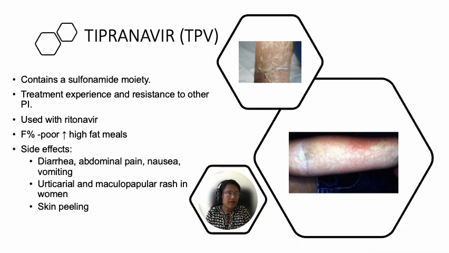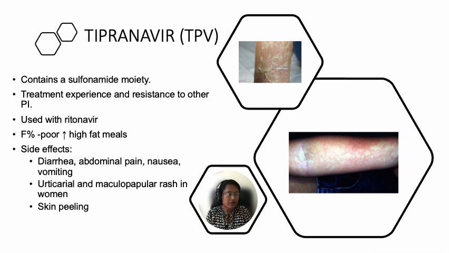Treatment experience and resistance to other PIs. So, tipranavir is one of those agents that are chosen after a protease inhibitor does not work as a substitute, and it's used in patients who have received antiretroviral therapy before.